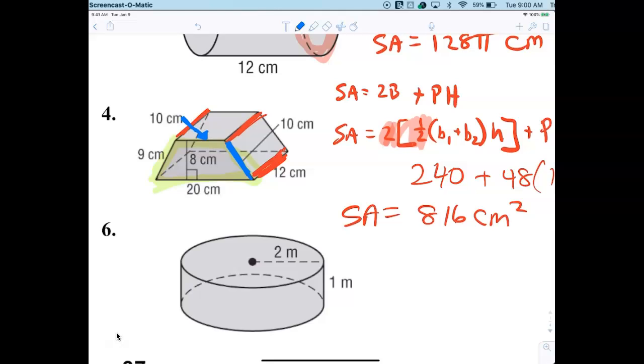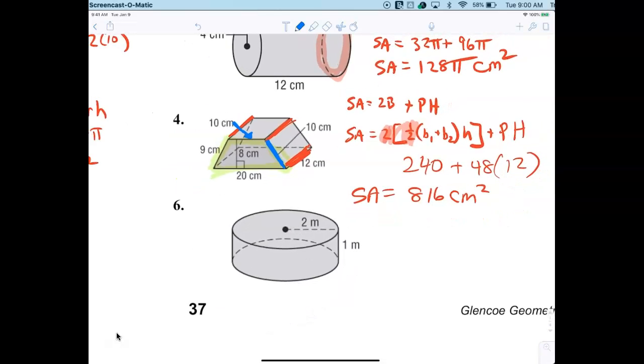So very good. Please look up again. For those guys who are questioning, I didn't even see that 10. I just automatically assumed that it's a what? Isosceles trapezoid. So again, keep that in mind. That changes it.